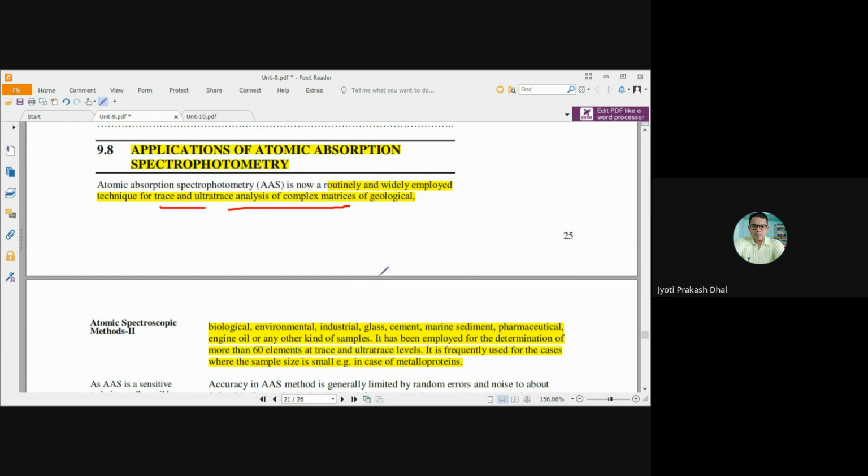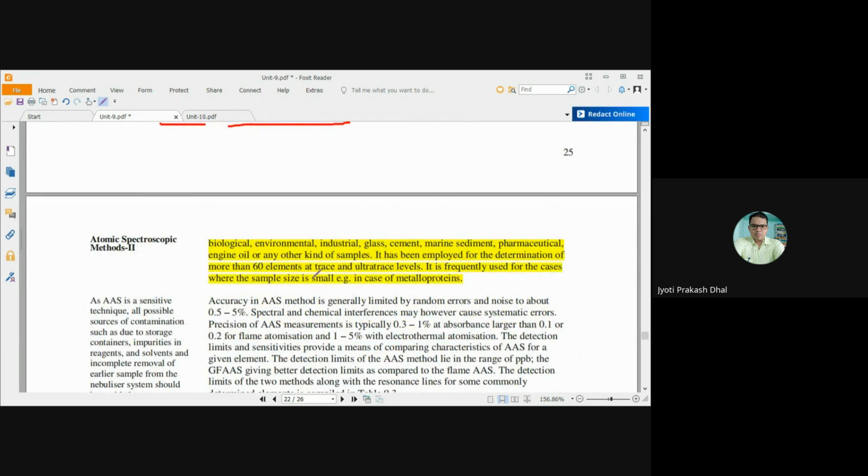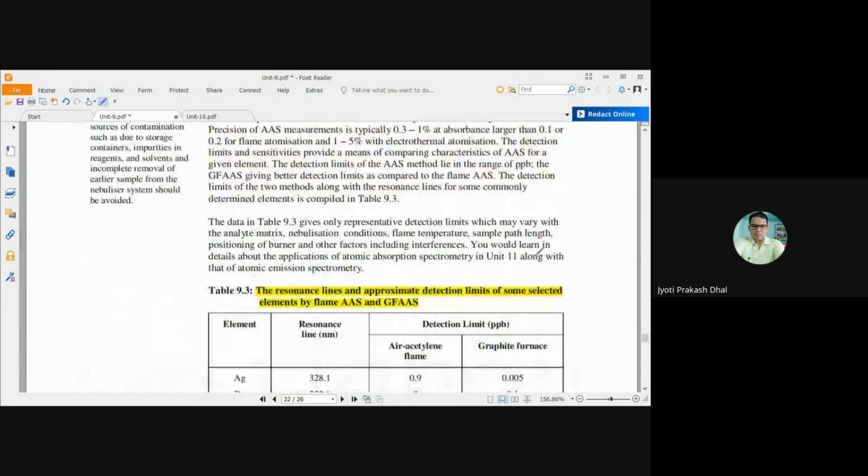It has been employed for the determination of more than 60 elements at trace to ultra trace level. It is frequently used where the sample size is extremely small, as in the case of metalloproteins.